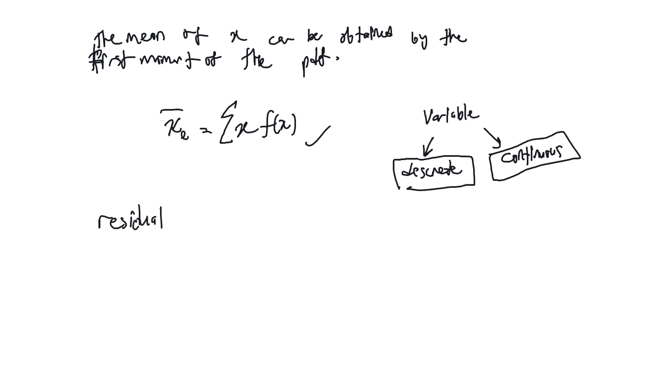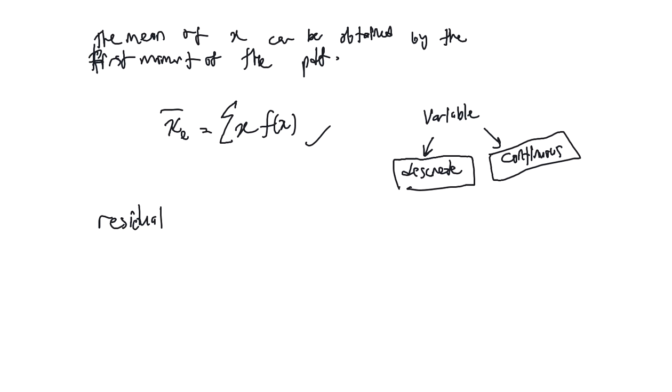So what is a residual? It is how much the random variable differs from the experimental mean.